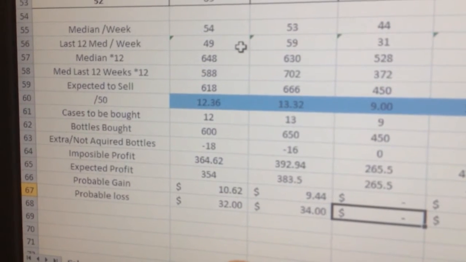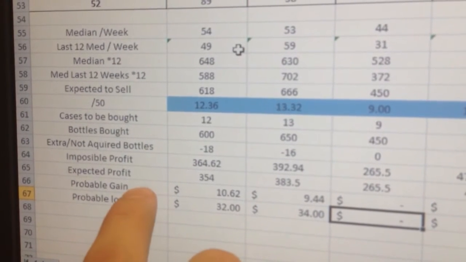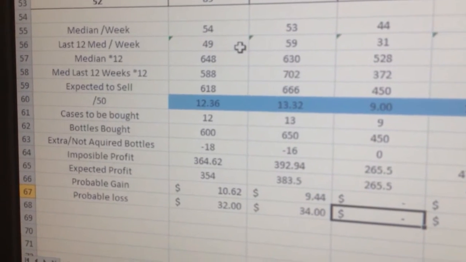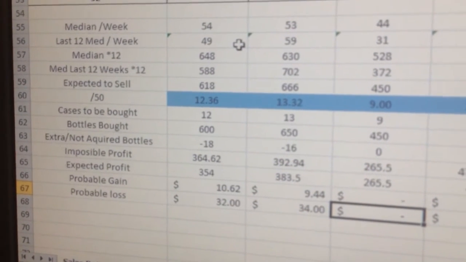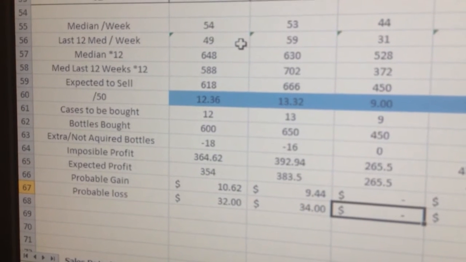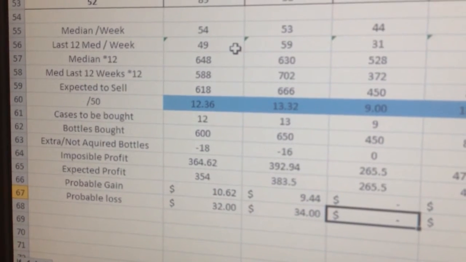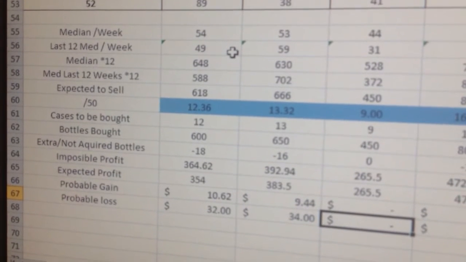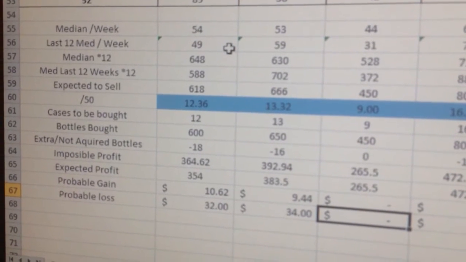Then right below it we have the probable gain and probable loss categories, and these help us decide whether we should stick with 12 cases in this instance, or go up and buy 13, or drop down to 11 cases.